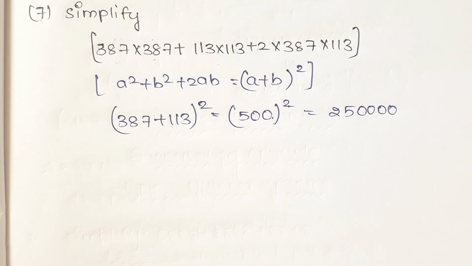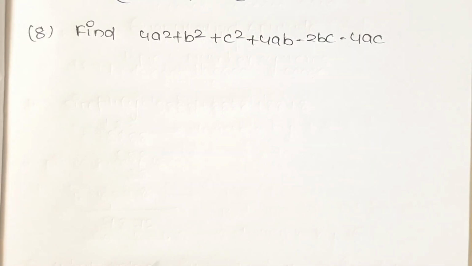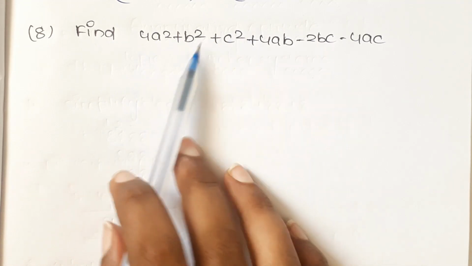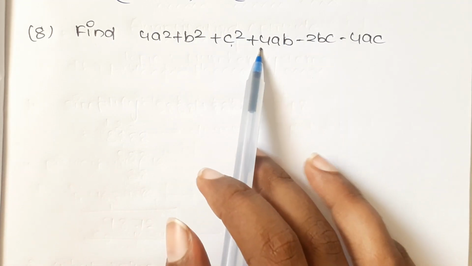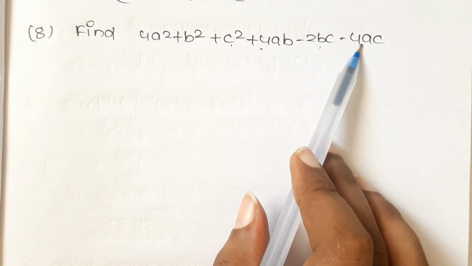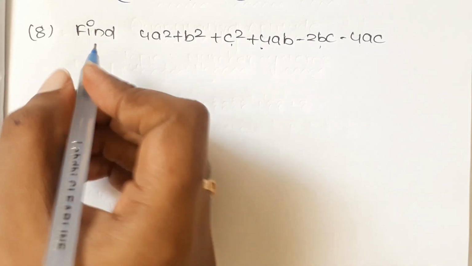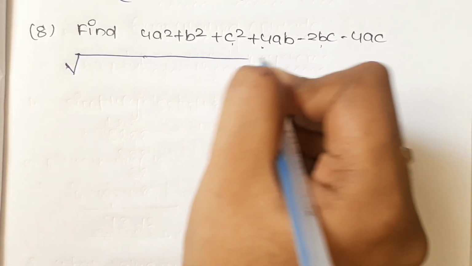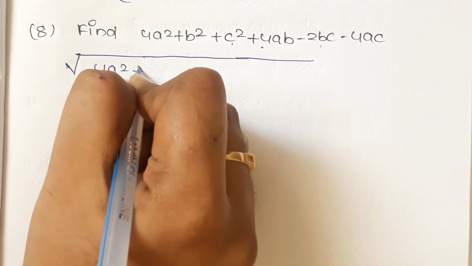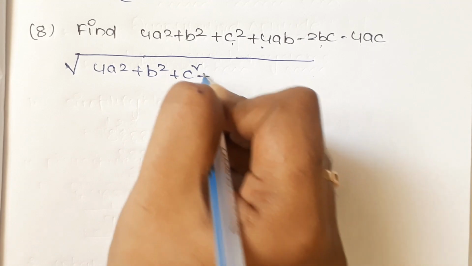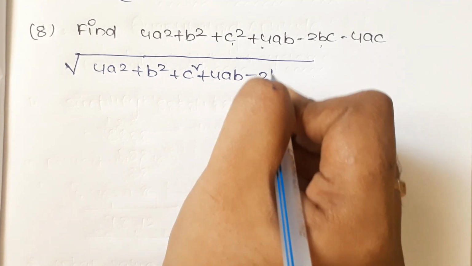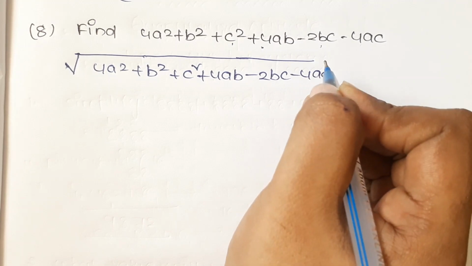And now the next model is here find 4a square plus b square plus c square plus 4ab minus 2bc minus 4ac, and it is in the form of a square plus b square plus c square plus 2ab minus 2bc and minus 2ca, and the formula for this is, we should keep here square root for the given number, that is square root of 4a square plus b square plus c square plus 4ab minus 2bc minus 4ac.